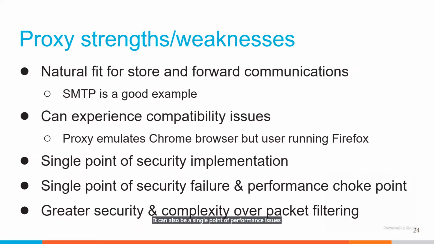If all my users are talking to the web servers they want to on the internet directly, all I'm doing is simple packet filter pattern matching to decide what do I let through and what don't I, and that's it. Well, if everyone is going through a proxy, that proxy may be spinning up new processes for each connection going out to each new web server, and that may be problematic. That may exhaust resources on that system. So again, it can potentially be a performance gate.